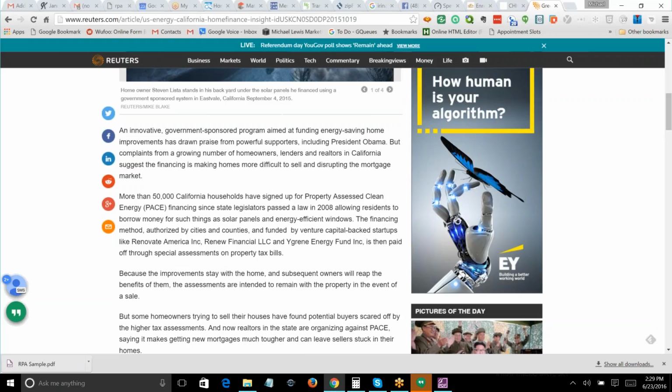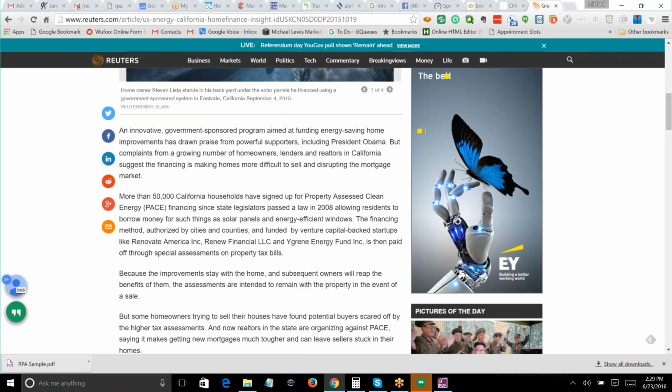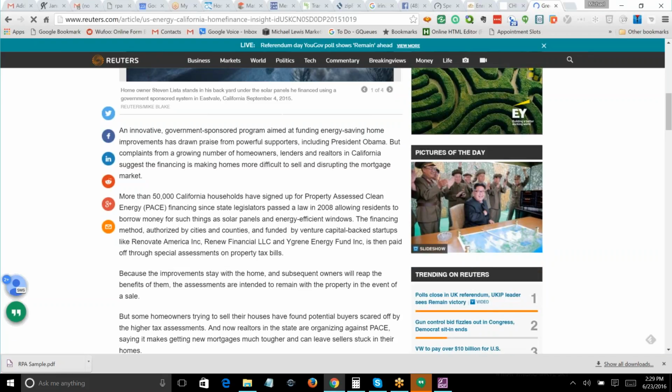What that means is most lenders will not make a loan if there's a PACE loan on the property, which means the PACE loan has to be paid off. What I'm saying is that it can't be paid off by buyer's funds through escrow. The seller must pay off the loan before escrow closes. That means the seller has to have the money to pay off that loan, or no bank is going to touch the property for the buyer.